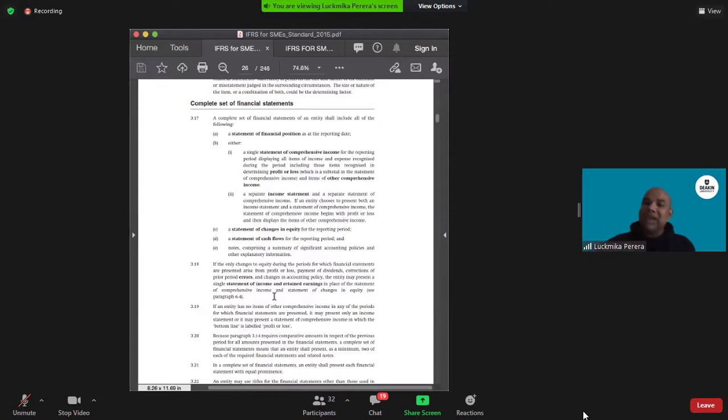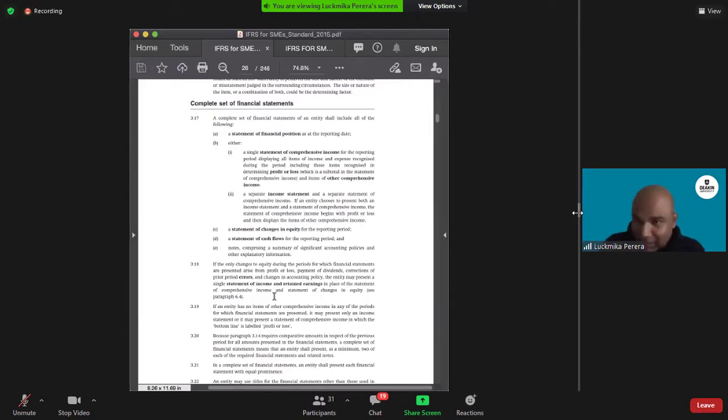So how much is my equity now? 4,000 rupees. Do you agree? So the equity has changed from last year to this year. There is that change, and that is what we capture in the statement of change in equity.